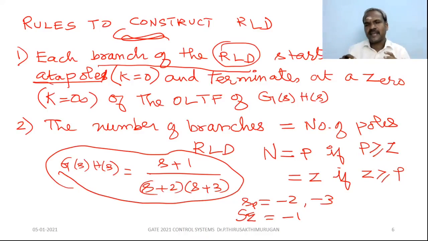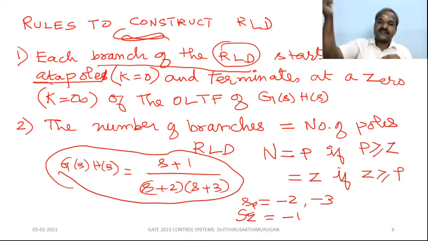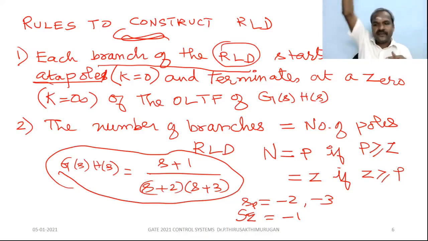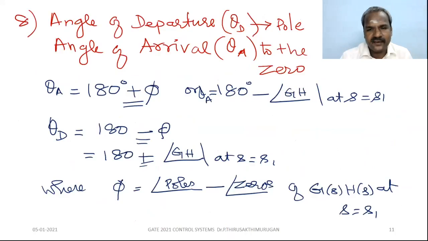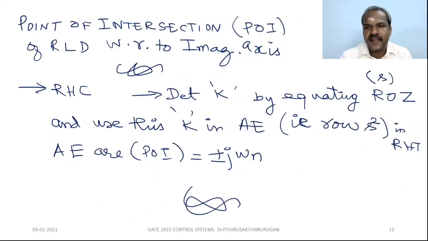Whenever the branch starts, the gain K value is 0. Whenever it terminates, either at a zero or at some far away point, we don't know the exact location, at that time the gain value equals infinity, right? Understand? So let's see one example, then you can easily understand.